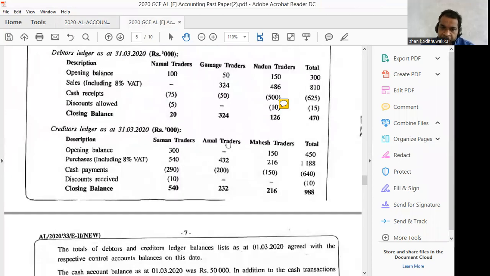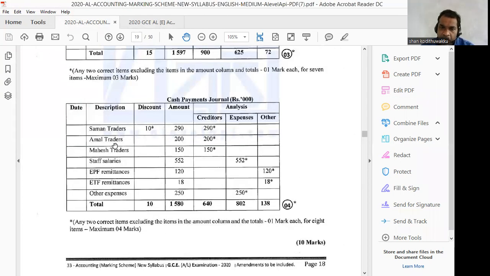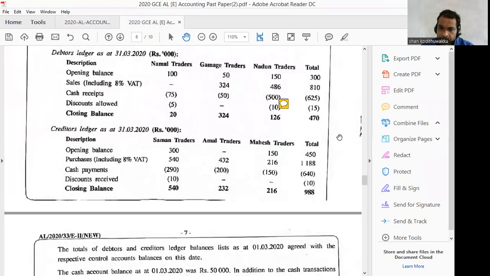Then Amal traders cash payments 200, no discount received. Therefore, you can mention Amal traders amount column 200. Again, under analysis column creditors 200. Then thirdly, what we have paid to Mahesh traders, 150.